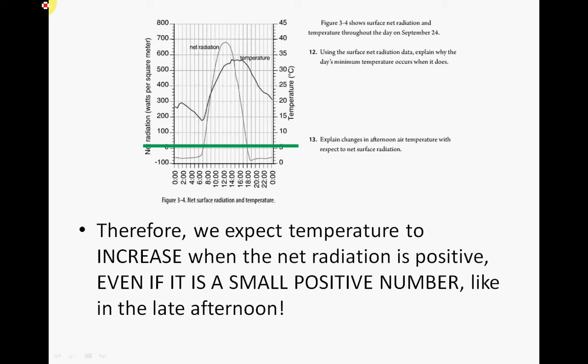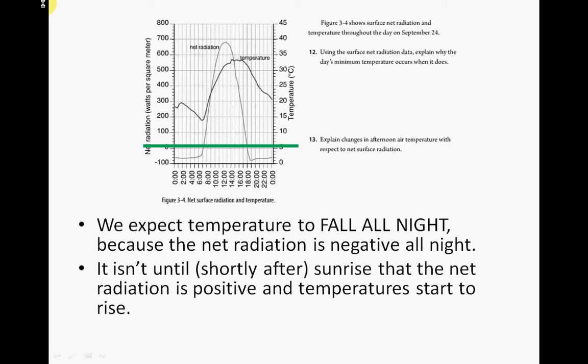You're still gaining more heat than you're losing, so the temperature tends to go up. In the same way, at night, all night long, this net radiation was negative. So all night long, we are losing heat, and the temperature just gets lower and lower. It isn't until sunrise, or strictly speaking shortly after sunrise, that the net radiation becomes positive again and temperatures start to rise.